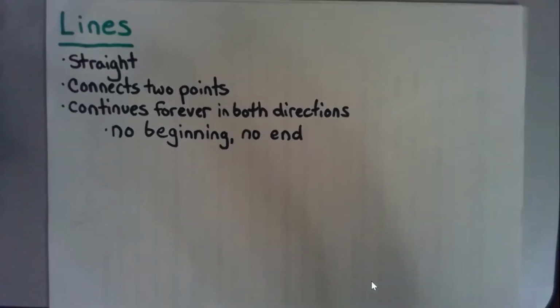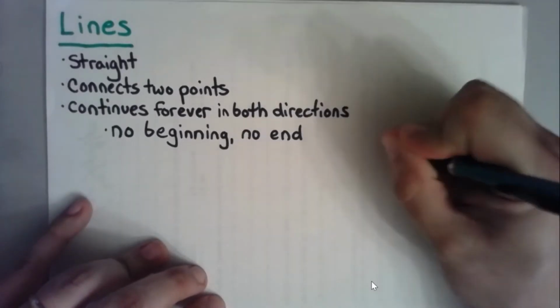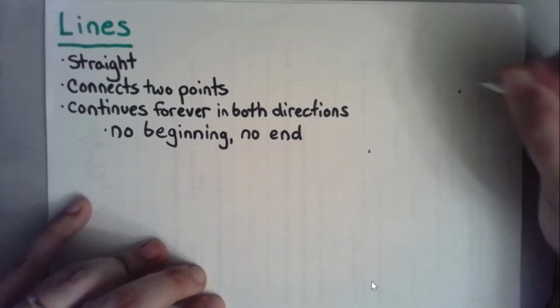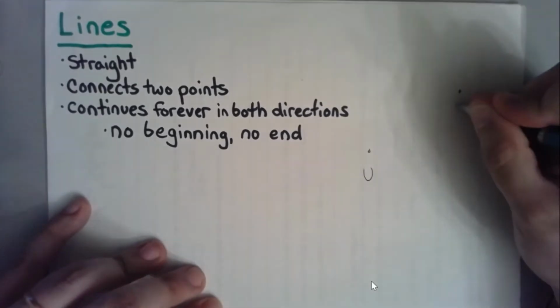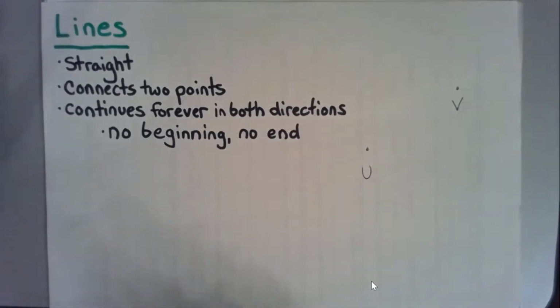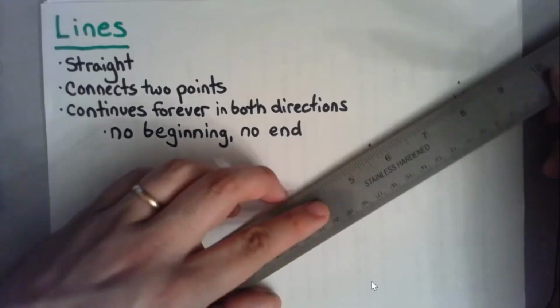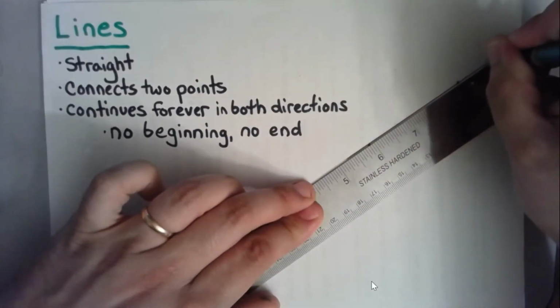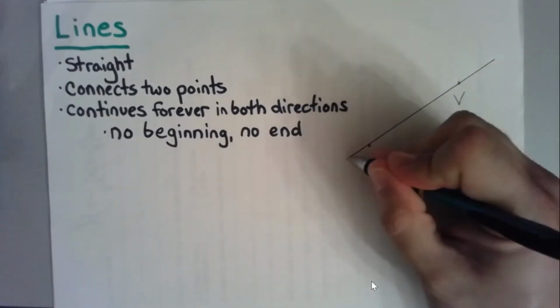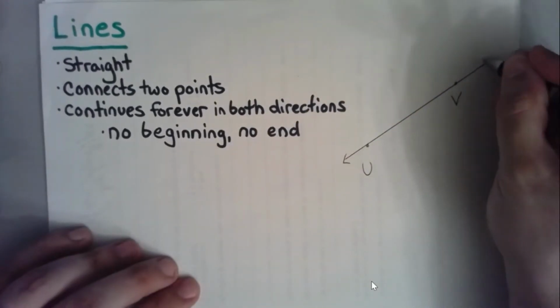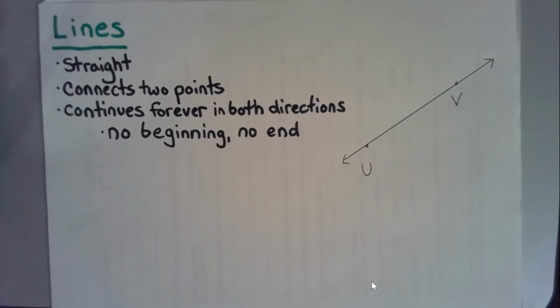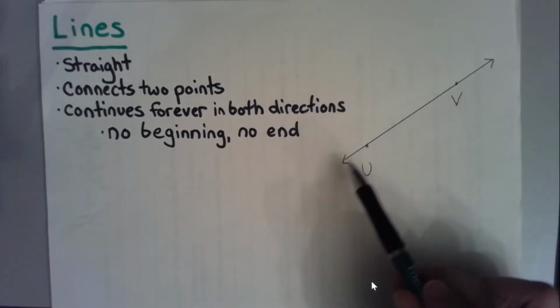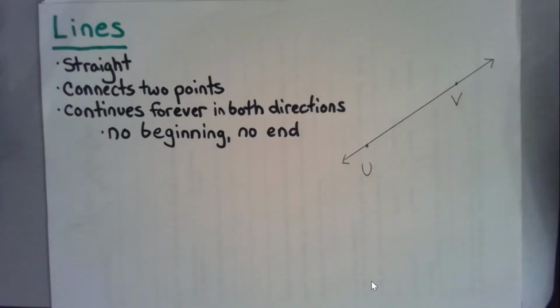So if I draw here points U and V right here, I'm going to draw my line that goes through both of these points. I put an arrow on both sides to show the idea that it continues on in this direction and it continues on in this direction.